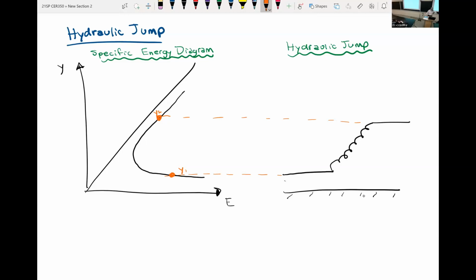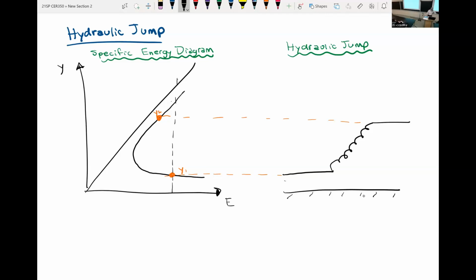And this isn't just a matter of my bad drawing, that these Y1s and Y2s are not in a straight line. We draw a line straight up like this. They don't fall in line.